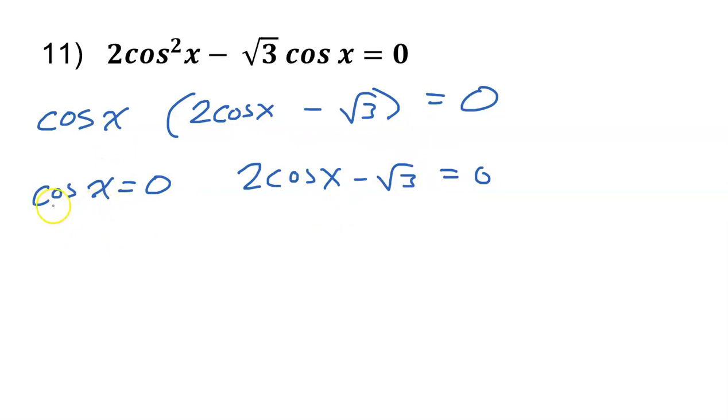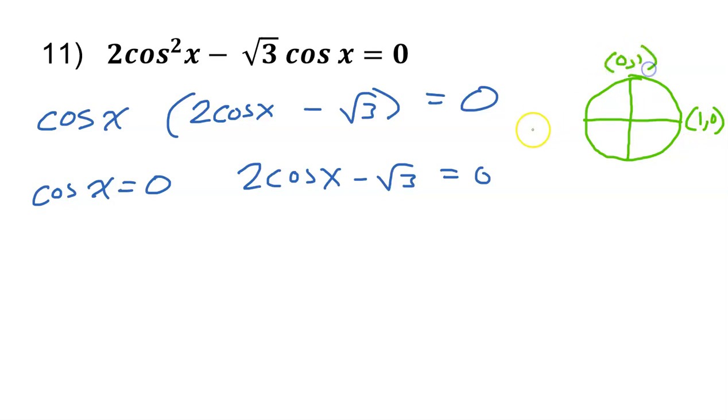Let's solve this first one. Cosine of what angle is equal to 0? That sounds like a quadrantal angle situation. So remember, the coordinates here are 1, 0, and 0, 1, negative 1, 0, and 0, negative 1. Cosine is the x value on the unit circle.